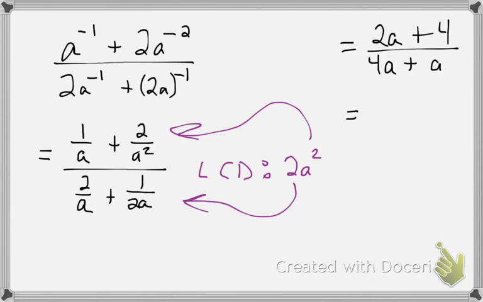Now what happens? In order to reduce, which is what we need to be looking at, we need to factor. So look at the top. I have a GCF of 2. If I pull out a 2, I'm left with a plus 2. Now the bottom is so easy it's hard. 4a plus a is 5a, since they're like terms.